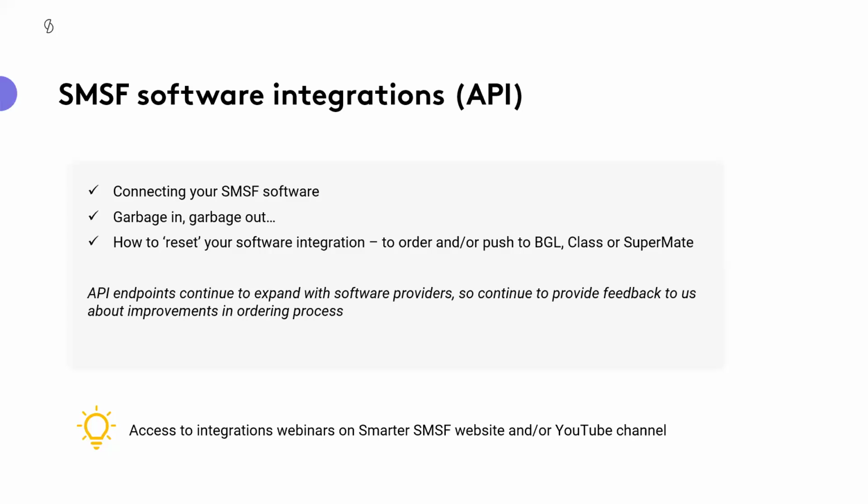So the data that we generate within the form via the API is only going to be as good as what you have provided it, or as good as what the software provider allows us to access via those API endpoints. And if you can't download or feed that information in, then there is the opportunity to reset.